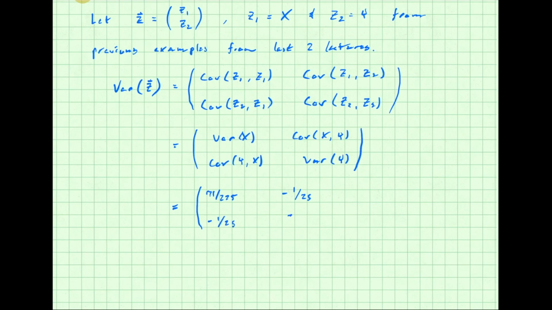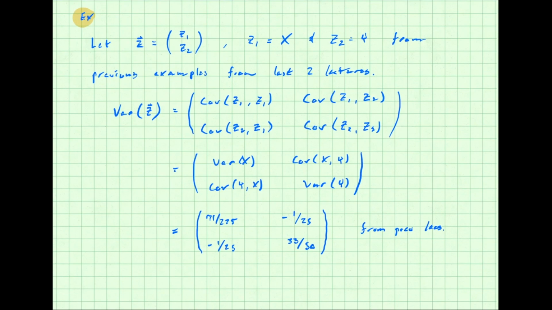And 33 over 50. So again, these are from previous lectures. I think if you look in the last lecture, that's when we calculated all three of those numbers. All right, so that's how you would compute the 2 by 2 variance-covariance matrix for this random vector that has two elements.